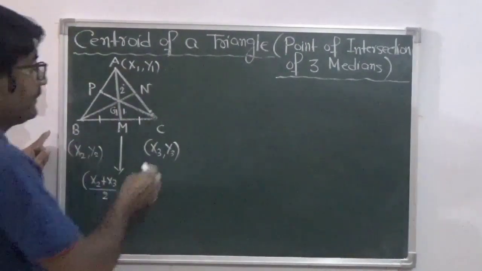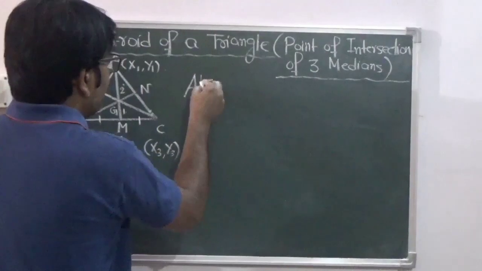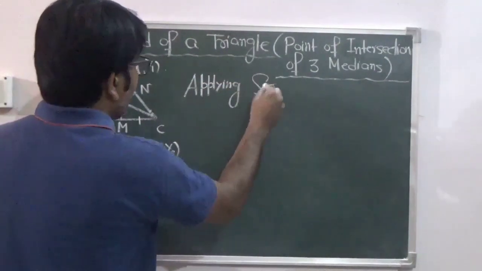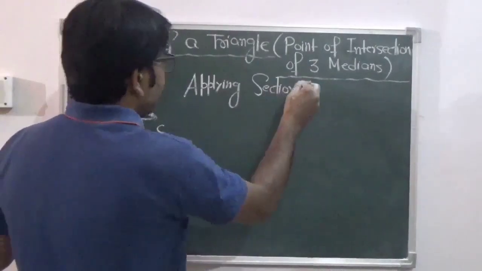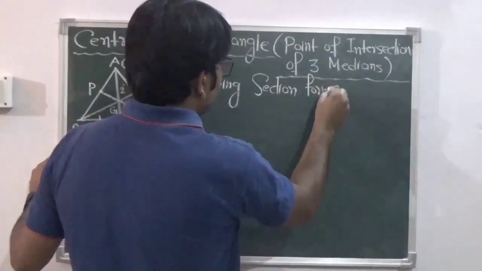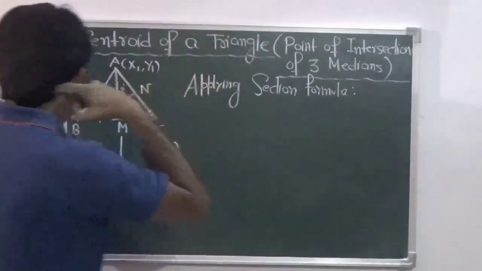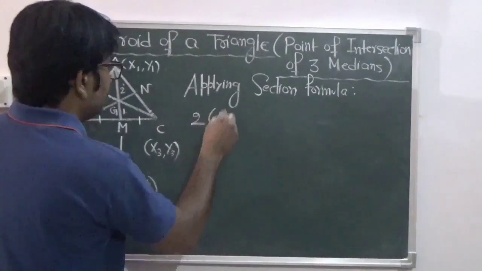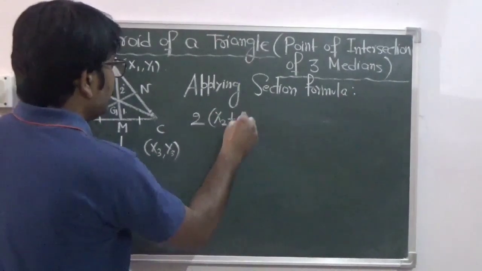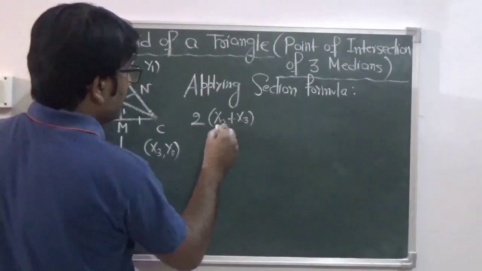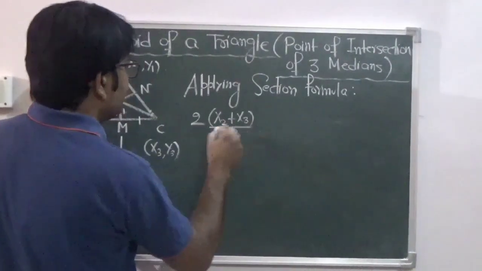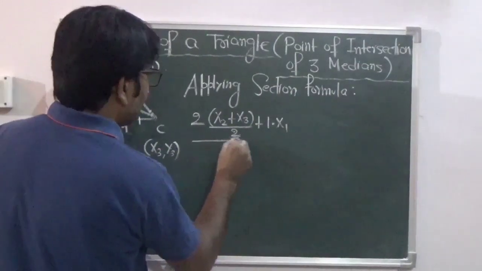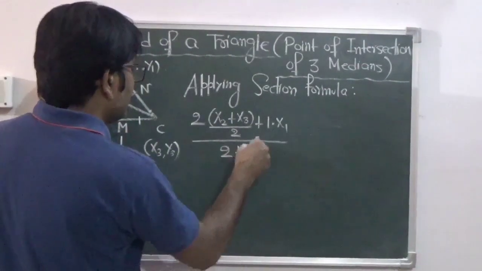So let us first apply the section formula. We have 2 into (x2 plus x3) by 2 plus 1 into x1 divided by 2 plus 1.